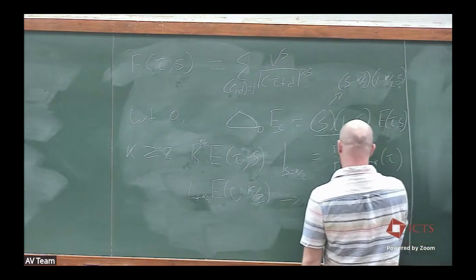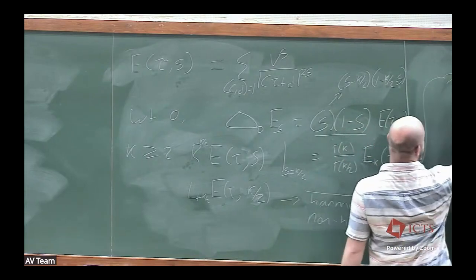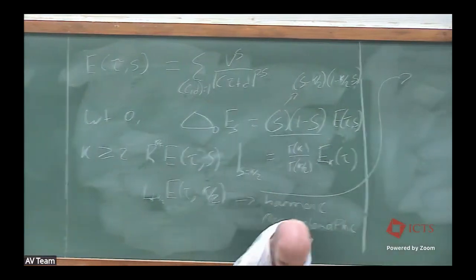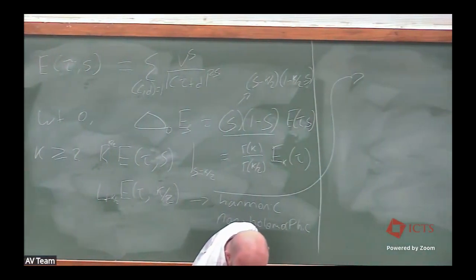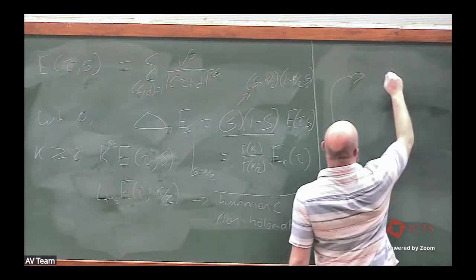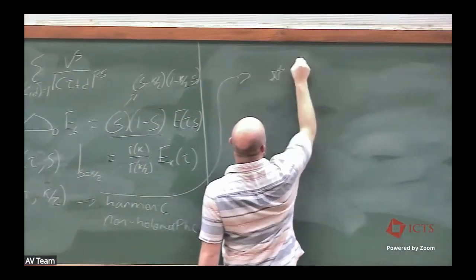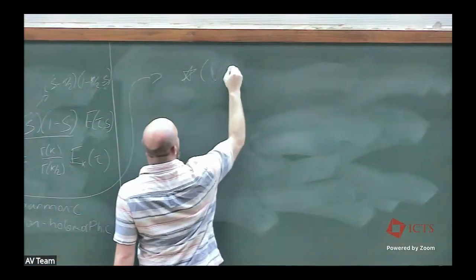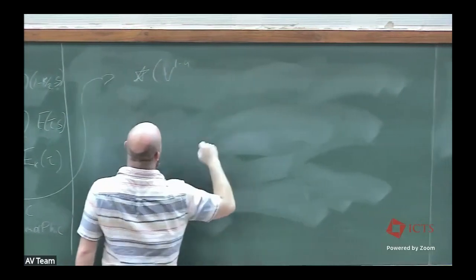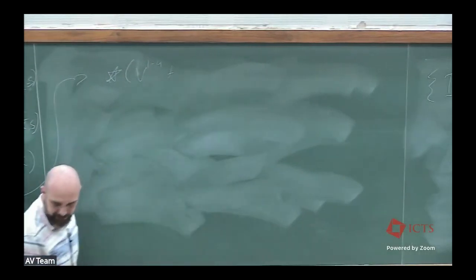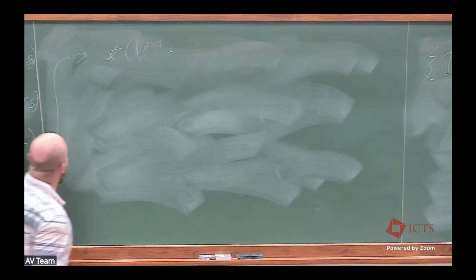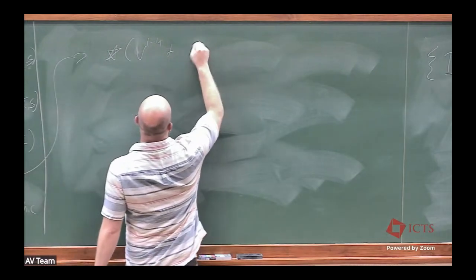This object here, well, there's going to be some multiple out front. There's going to be a v to the 1 minus k plus, what else did I have there? I'm trying to avoid writing out the full terms here. But yes, a v to the 1 minus k and then some other constant here.